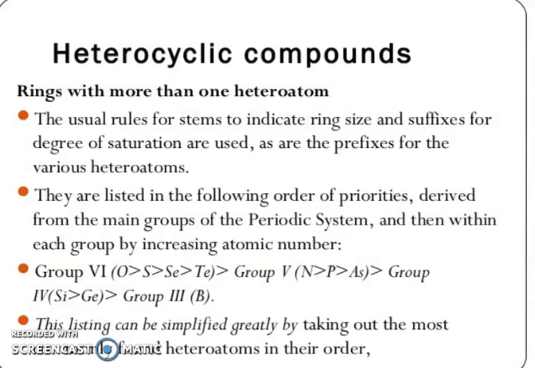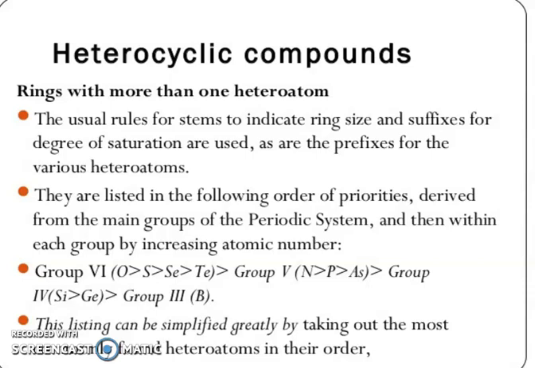What does it mean? You have stems, and stems indicate the ring size. It means if you have the suffix OLE, then you understand this is a 5-membered ring, just like in pyrazole.